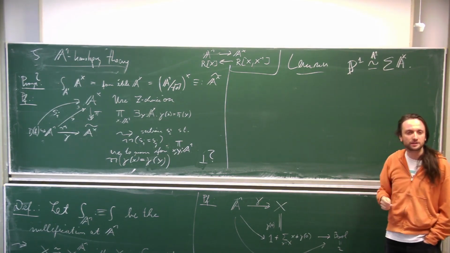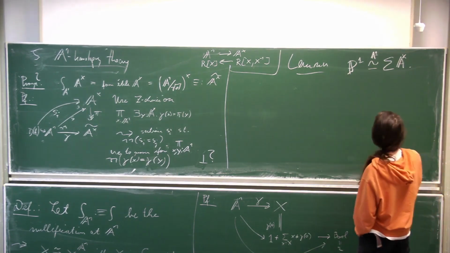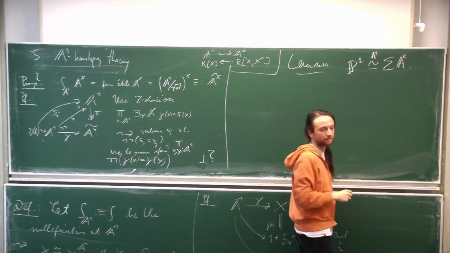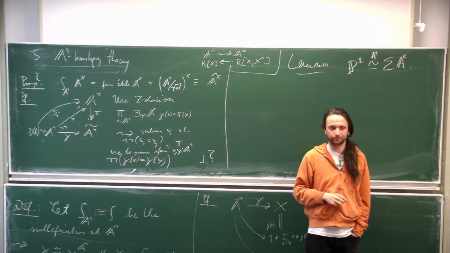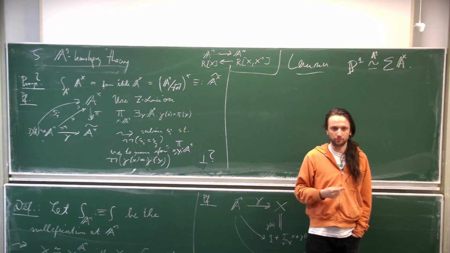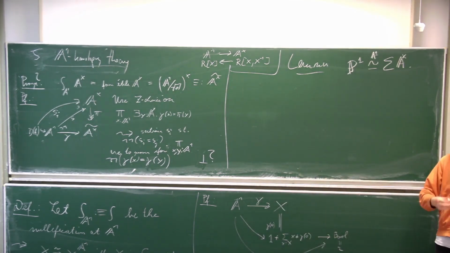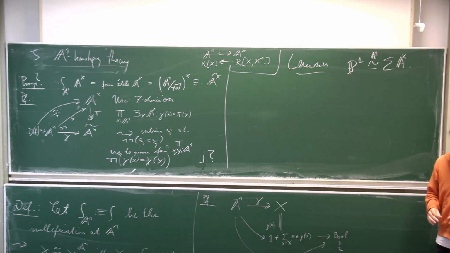When you say A1 equivalent, you mean after A1 localization? Yeah, I mean there is a map that is after A1 localization an equivalence. So it means if we try to see them as motivic homotopy types, assuming A1 localization works for this, then it means they represent the same type.